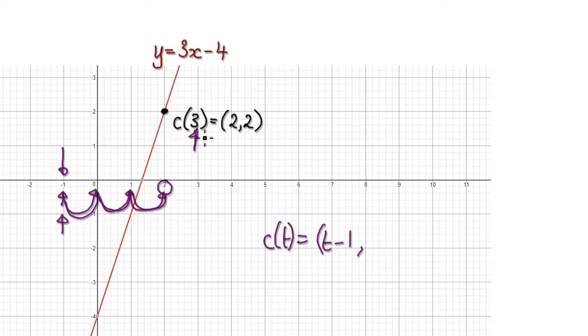So it matches up with this 3 here. If you put this into the equation, it will jump straight to here. So all you have to do now is put this into here, so that it will jump right to here. So it would be 3, and then t minus 1, and then minus 4.